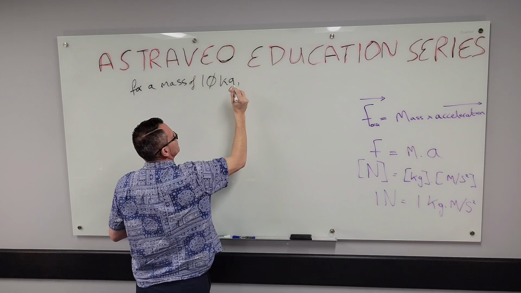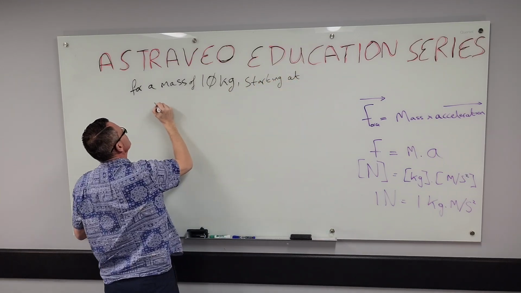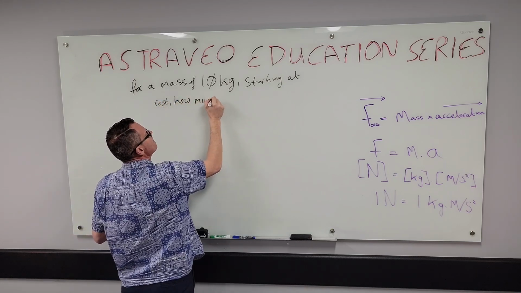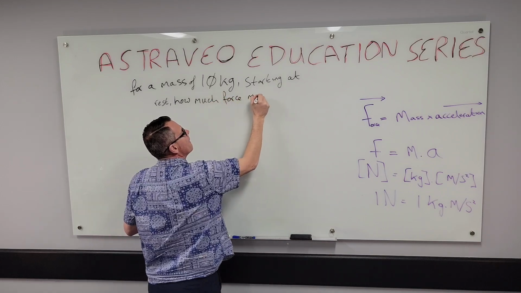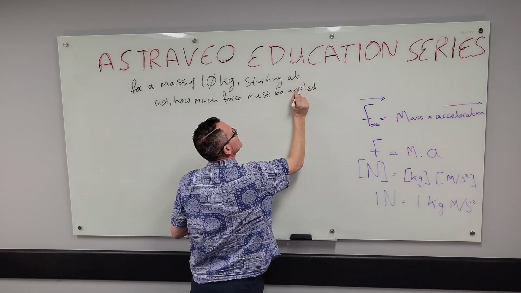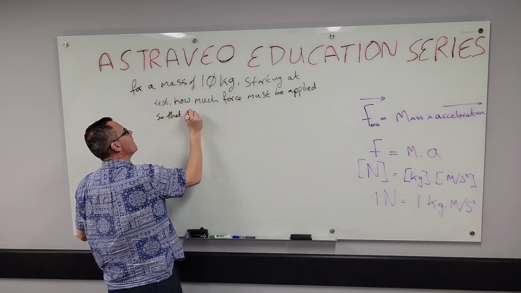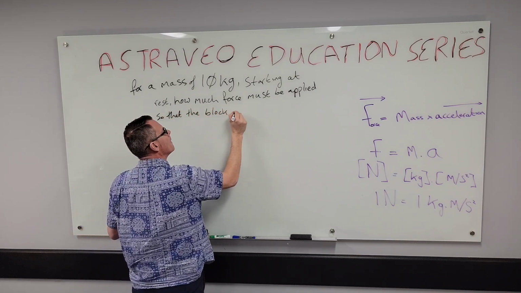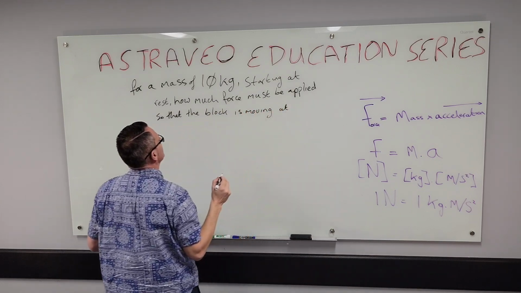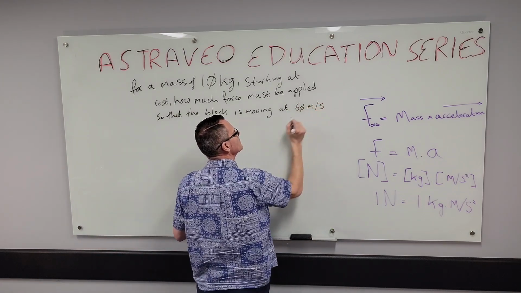For a mass of 10 kilograms, starting at rest, how much force must be applied so that the block is moving at, I don't know, I could make some numbers up here, 60 meters per second.